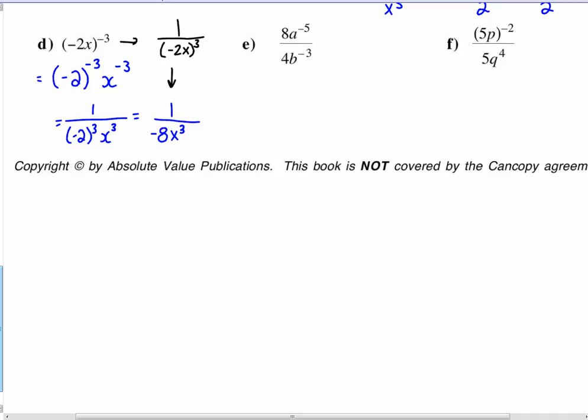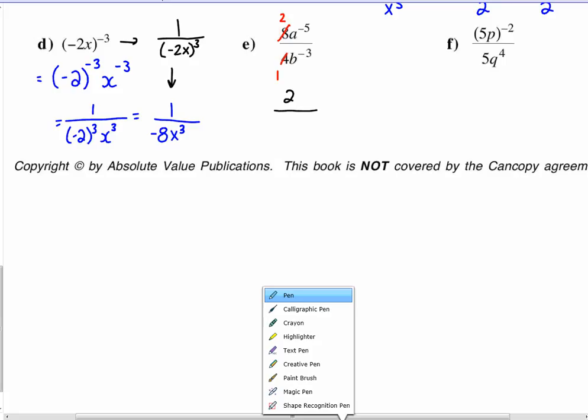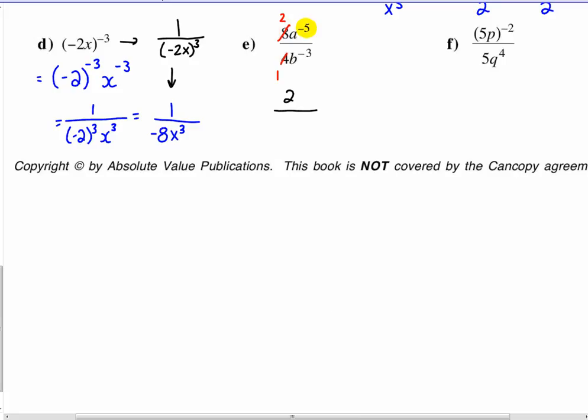Okay. 8 divided by 4, what's my coefficient? 2. That reduces to 2 over 1, so it's just a 2. So we have a 2 in the numerator. Do you have to write a 1 for the denominator? No. Where would I move the a so it becomes positive? To the bottom. So in the denominator, we'll now have an a to the 5.